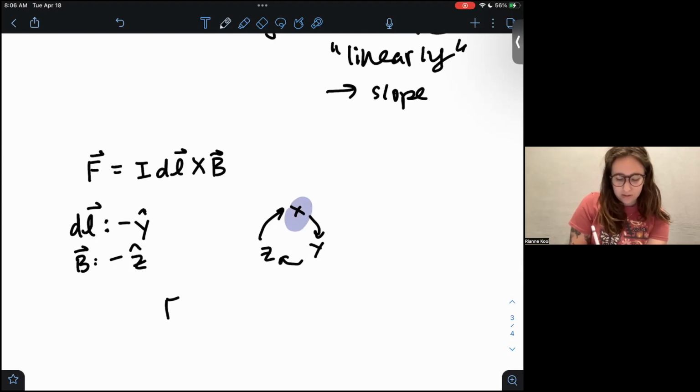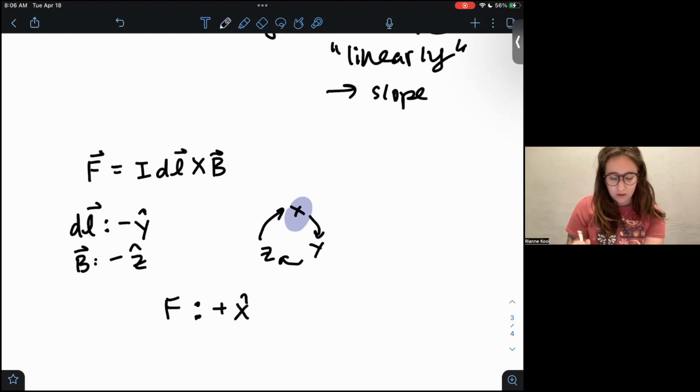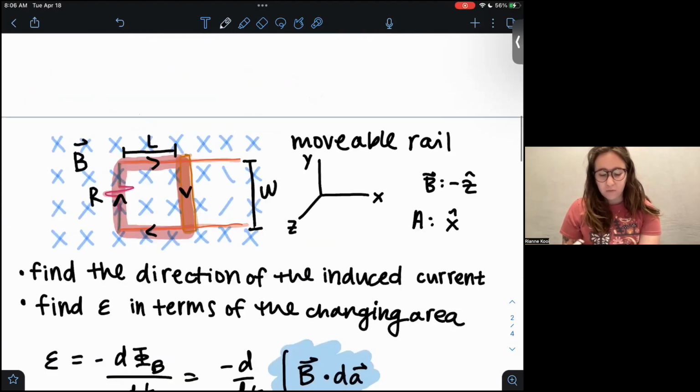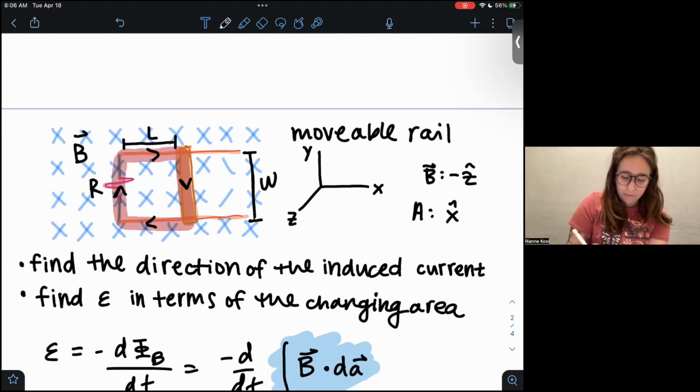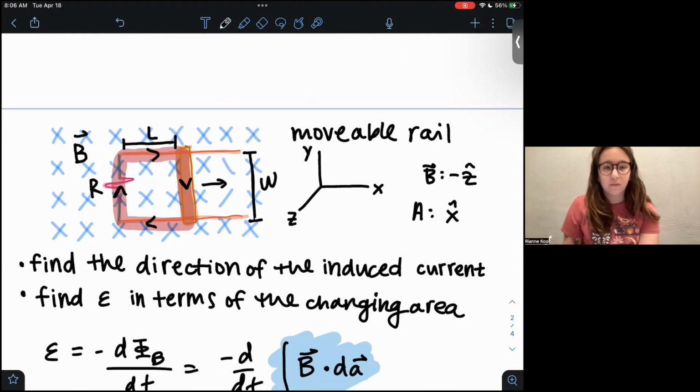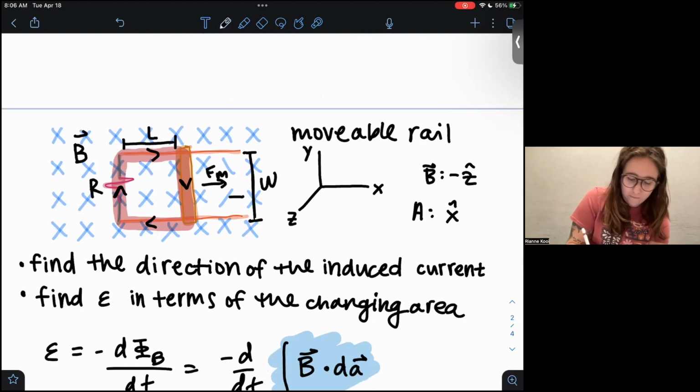So our force in the case where our magnetic field is decreasing is in the positive x direction. It's going to be feeling a force that's going this way. So in order to counteract that force, we want to push a force this way, F applied.